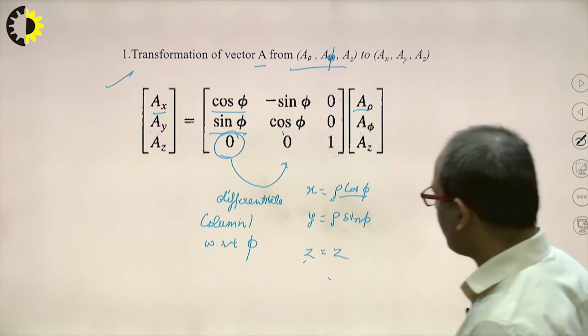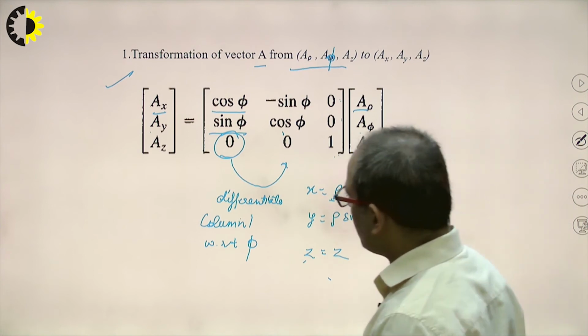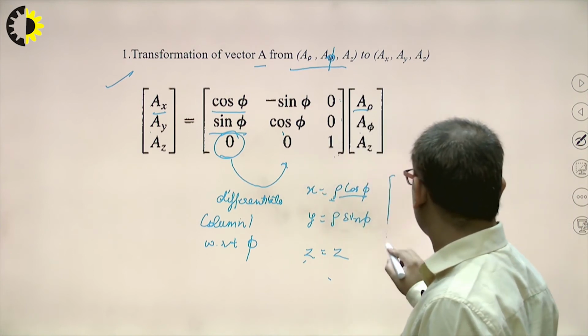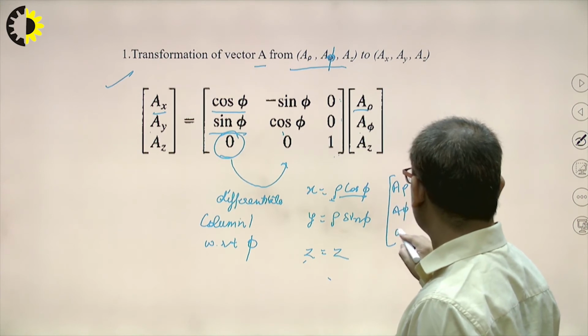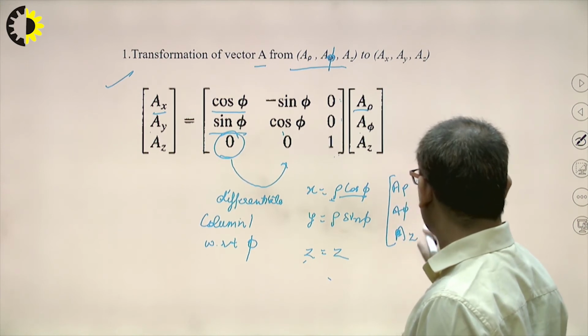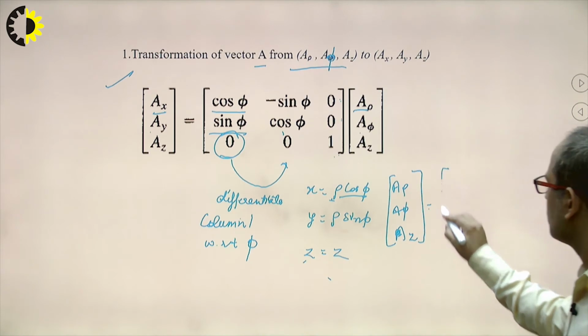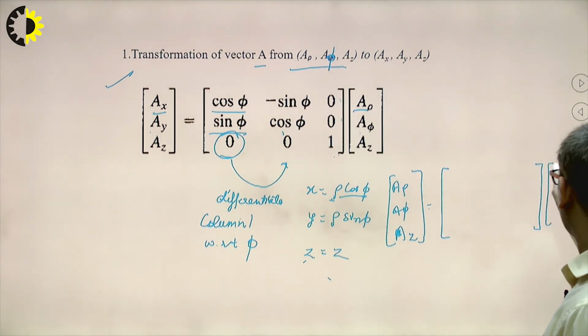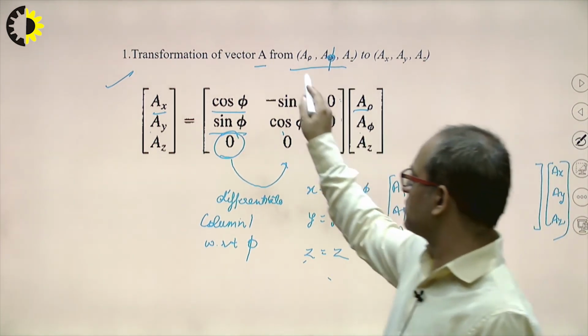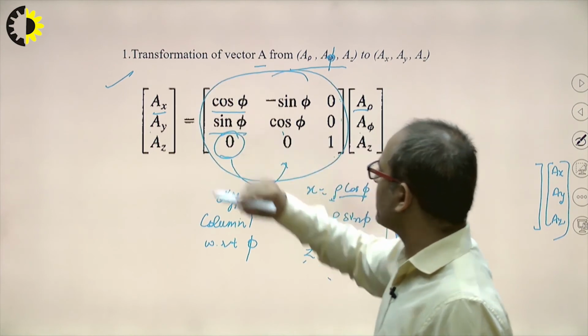Clear? Now if I want to calculate a rho, a phi, az, that will be equal to what? Here we have ax, ay, az, so just take the transpose of this matrix.